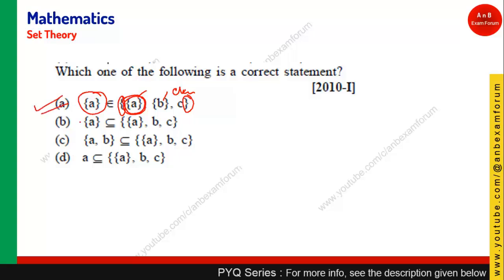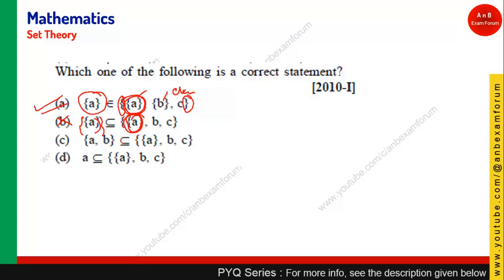Let's see why options B, C, D are not correct. A is a subset of B. You will say this is a subset of B. No, this is basically an element, not a set. So this is not a subset of B. If you make double braces, then definitely it is a subset of this particular set.